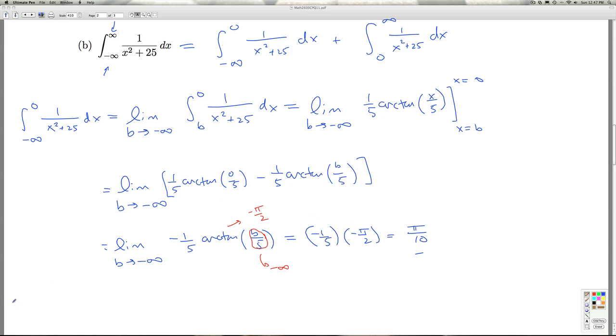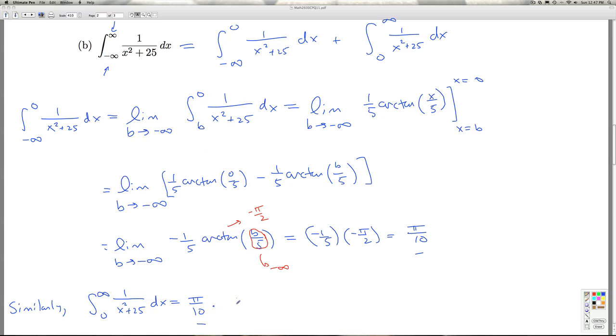Now, similarly, the integral from 0 to infinity of 1 over x squared plus 25 dx also converges to pi over 10. The calculus is identical, except instead of going from b to 0, we're going from 0 to b.